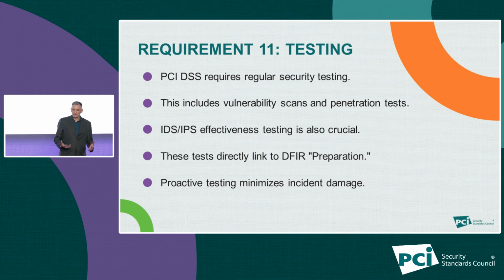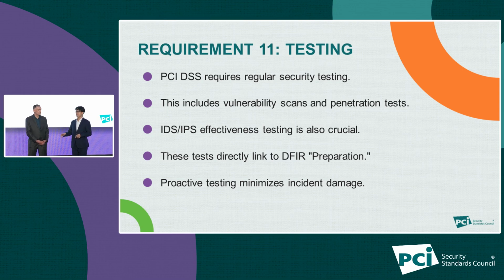It's vital that you have monitoring systems in place, but it's also vital that you're actually looking at the reports, because to have an effective response, you need to be able to identify very quickly when an incident has started. And again, that will put your incident response plan into action, which will help to minimize the impact. Yes, right. Requirement 11 is linked to your preparation and identification at the same time.